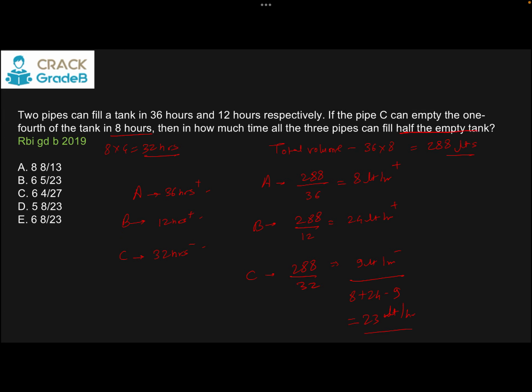But we have to fill now only half the empty tank. That means we have to fill half of this, that is 144 liters. So we have to fill this much at the rate of this. How much time is taken? So time is the work to be done divided by the rate at which it is being done. 144 upon 23.